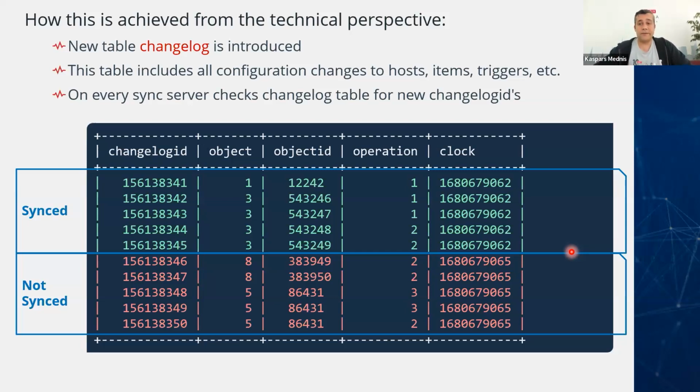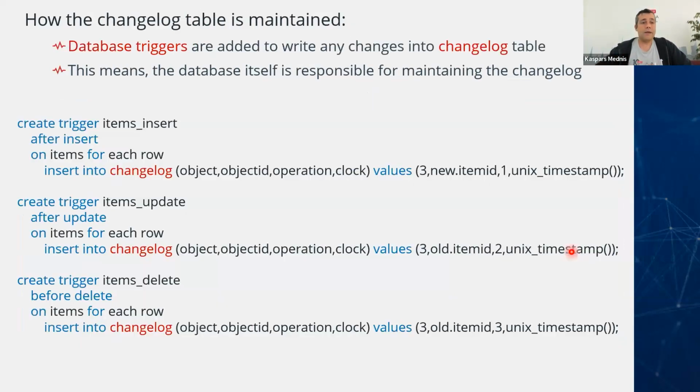Now, there is one more question. We have a change log table, but how do those rows appear here, how does this magic happen? The magic happens based on database triggers.